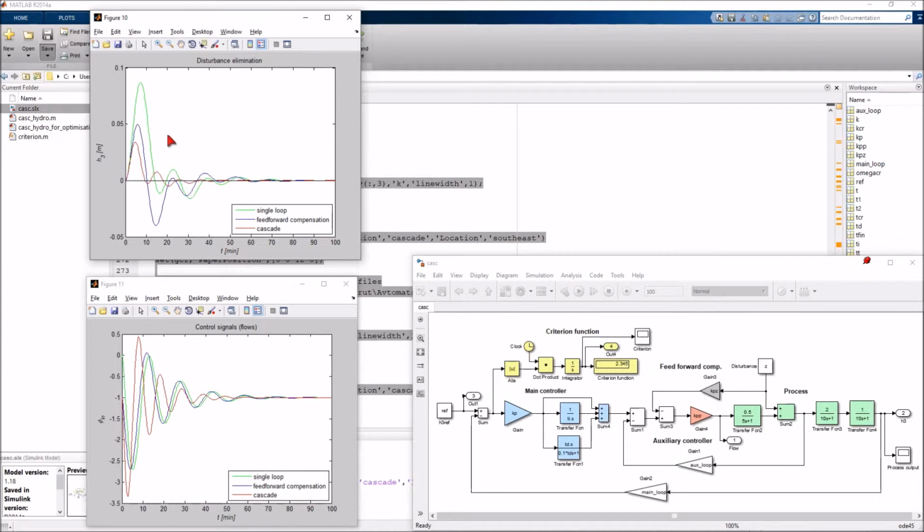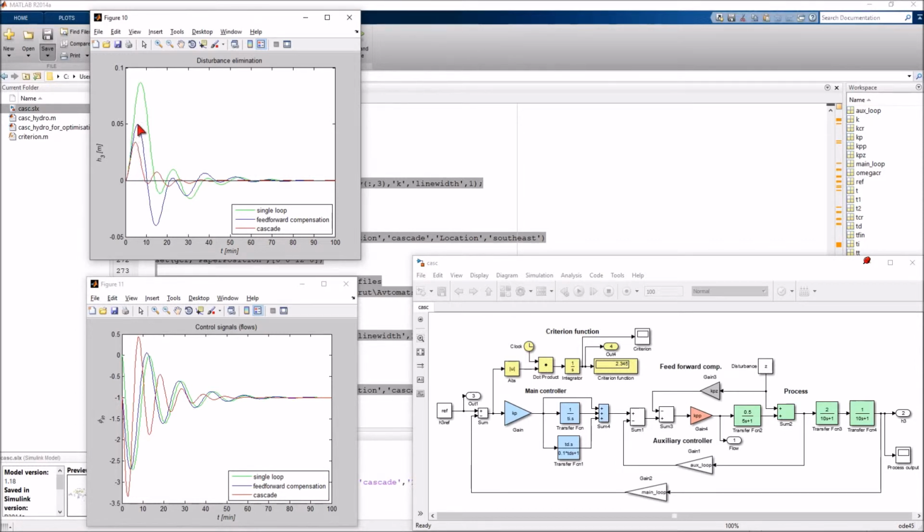In this first graph, we have three responses: the green for single loop, the blue for feed-forward compensation, and the red for cascade control. We can notice that the behavior is, of course, the best with the cascade control. Of course, this is the optimal solution, which means that the disturbance do not influence, and the closest to this is, of course, the red curve.